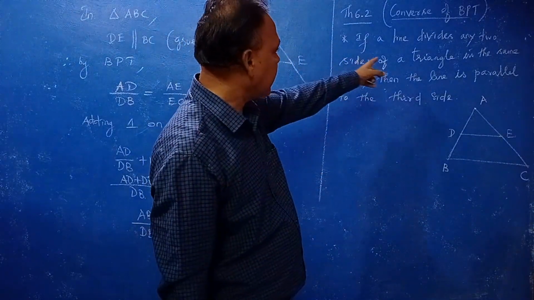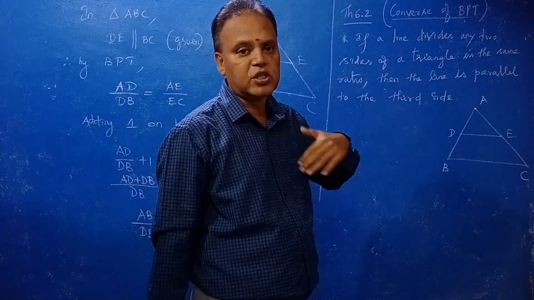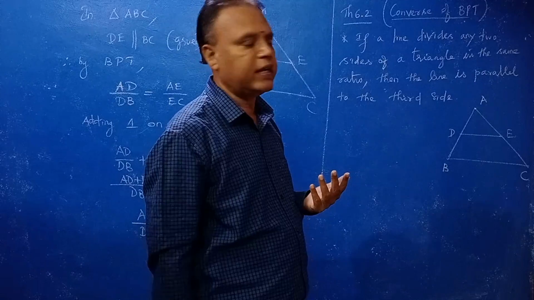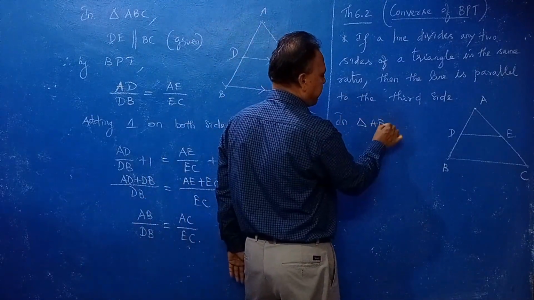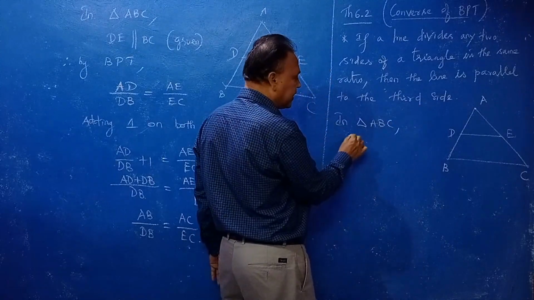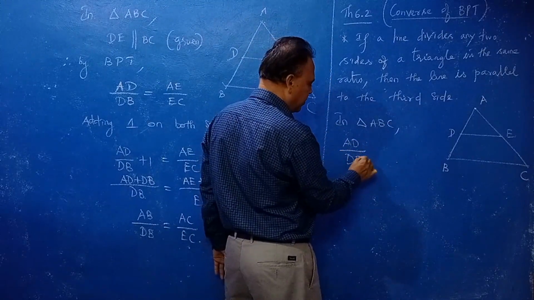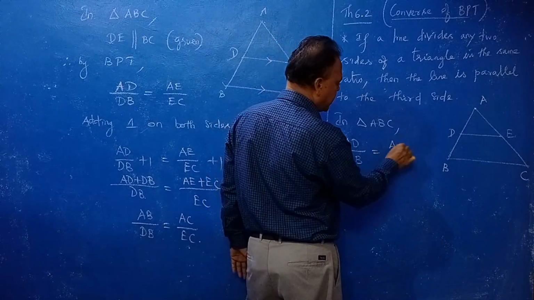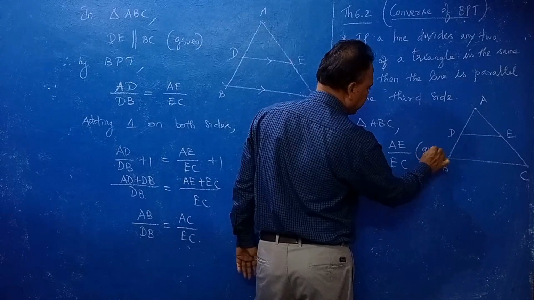Okay, if a line divides any two sides of a triangle in the same ratio, just reversely you have to do. Here in a triangle ABC, it is given the ratio is the same. That means AD by DB is equal to AE by EC is given. This ratio is given. Clear?